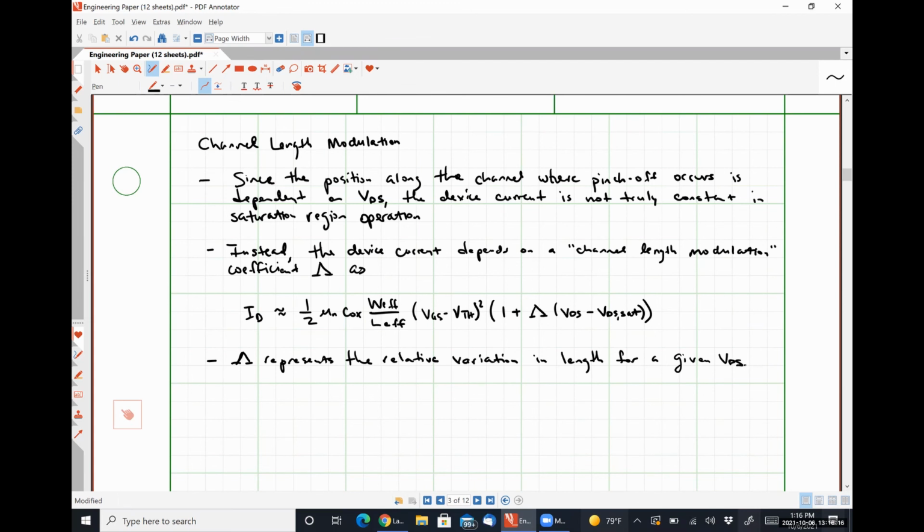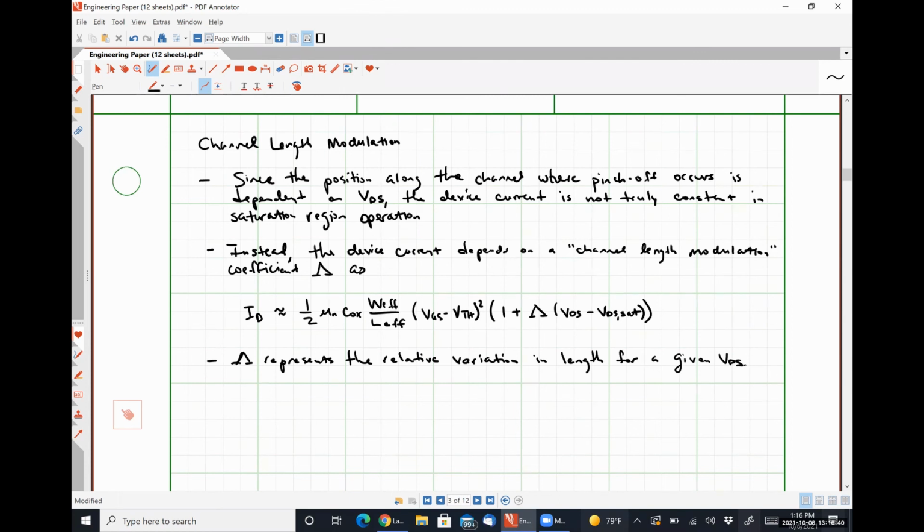So what that means is that if we have a very long channel device, lambda is going to be small because an incremental change in VDS is going to cause a very, very small change in the effective channel length.